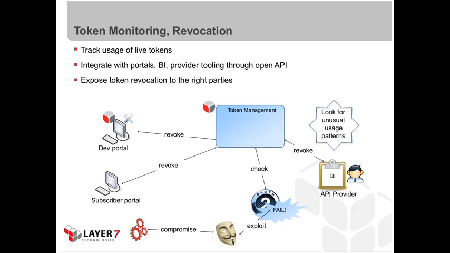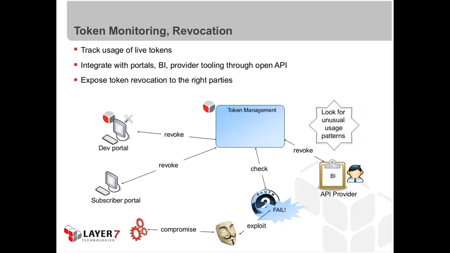And the same thing from the application provider or the developer side of things. For example, what if an application is compromised and the administrator of that application is aware of that?